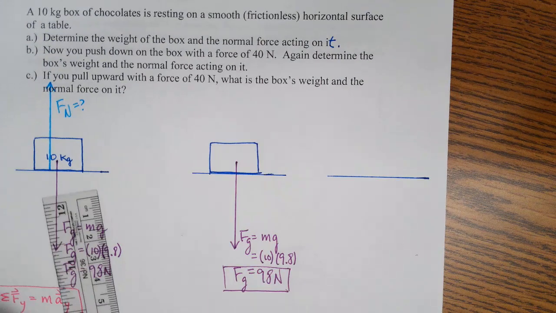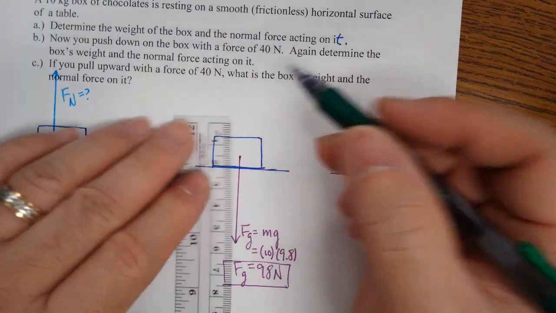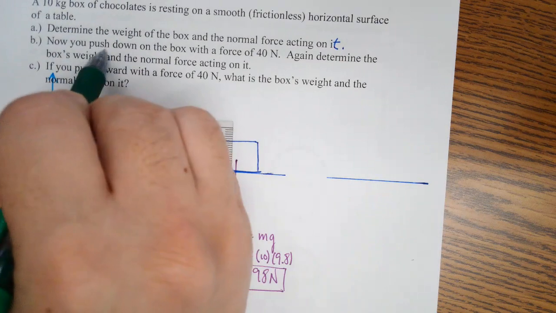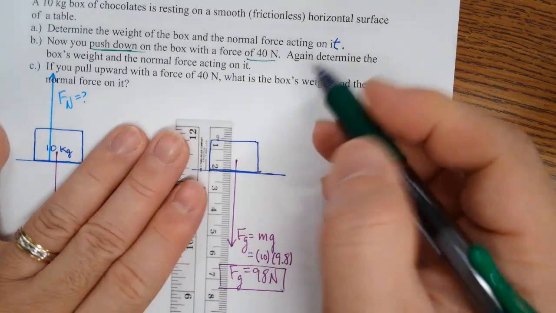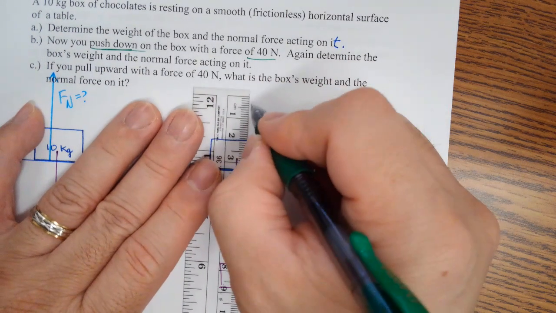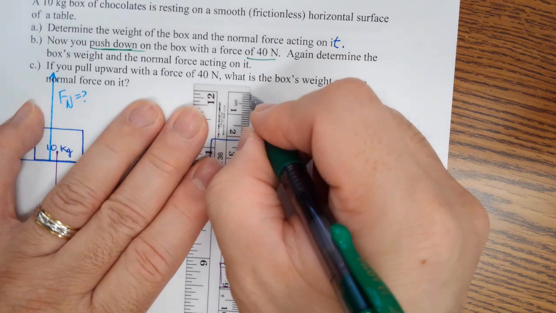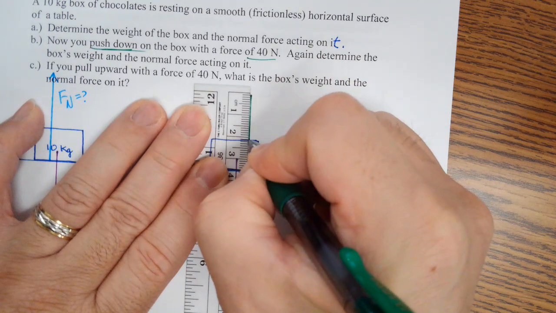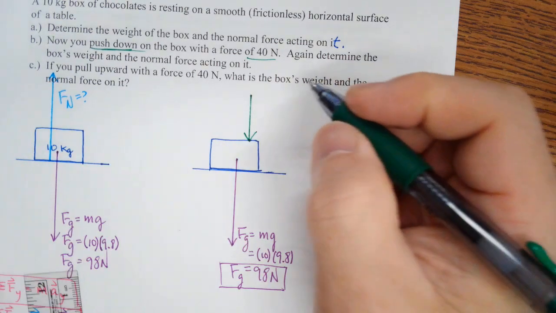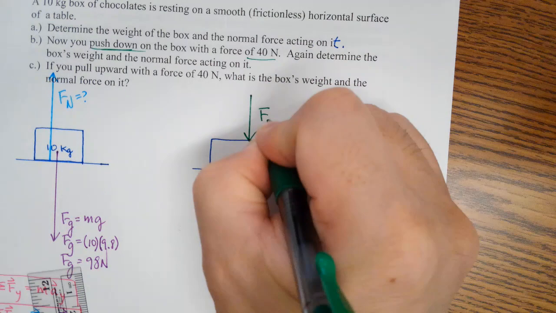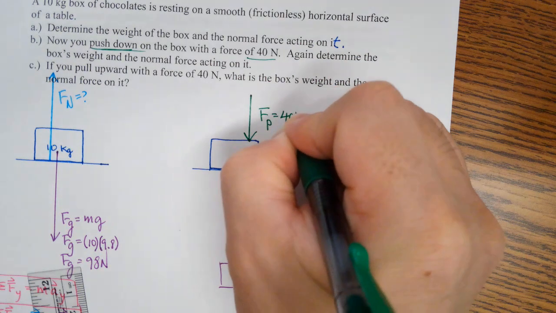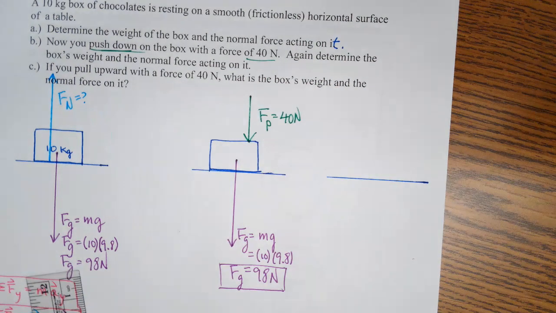However, I have 40 newtons of force acting down. It's pushing down on it. So I have F push equal to 40 newtons in the downward direction.